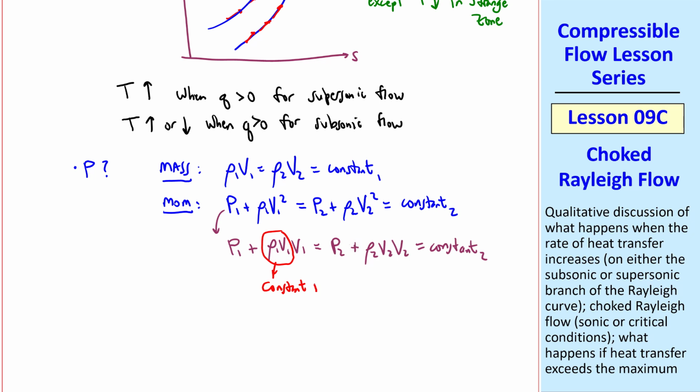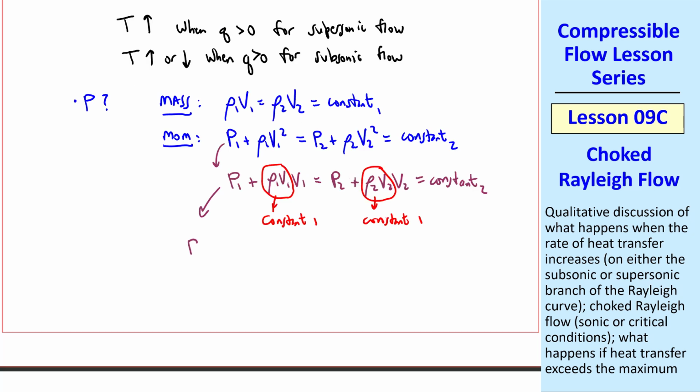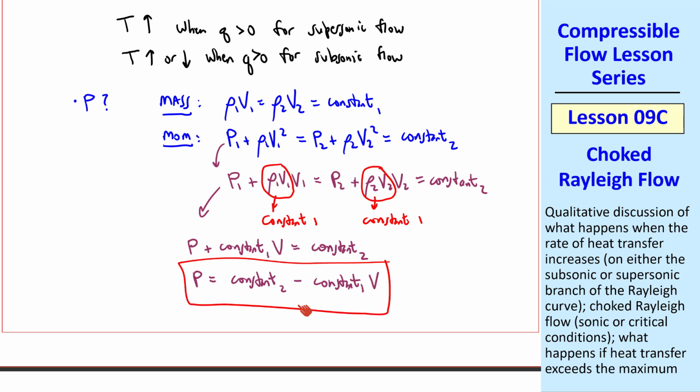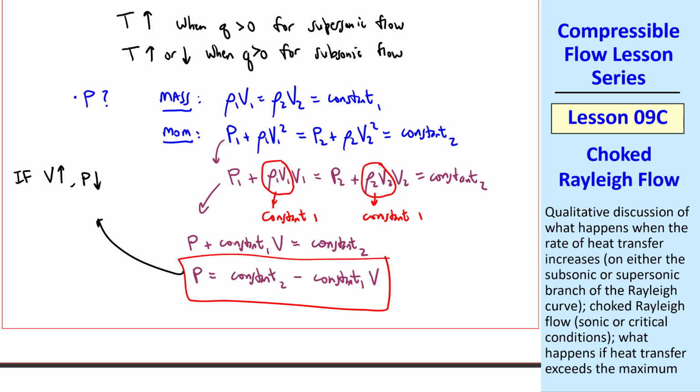But this is constant 1, and this is also constant 1 from our conservation of mass equation. So we can write this in general as P plus constant 1 times V equal constant 2 for any state 1 or 2 or anything in between, or P equal constant 2 minus constant 1 times V. And since these are both positive constants, we conclude that if the speed goes up, pressure goes down, and if V goes down, pressure goes up. And this is true whether subsonic or supersonic, just like our beloved Bernoulli equation. So that's how you can remember it.